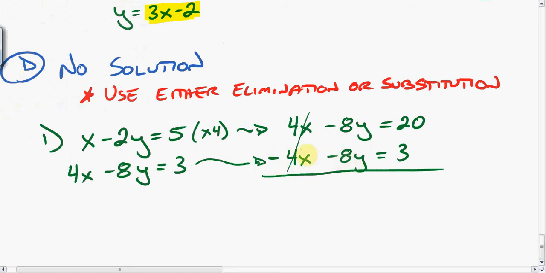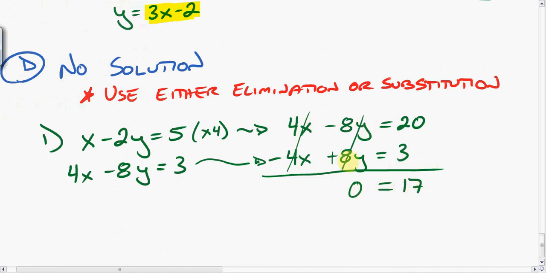Remember, minus a negative becomes plus a positive. So negative 8y plus 8y, that cancels. And I'm left with 0, because everything on the left side canceled. And this is still subtraction. So I've got 20 minus 3 is 17.